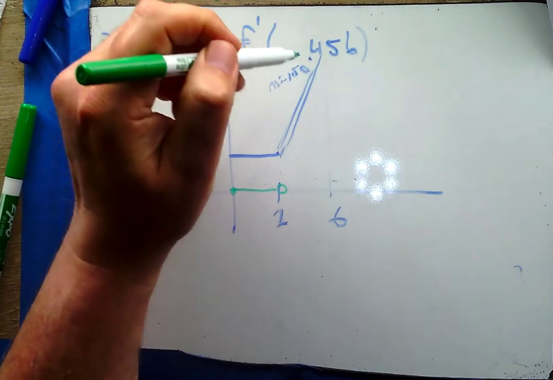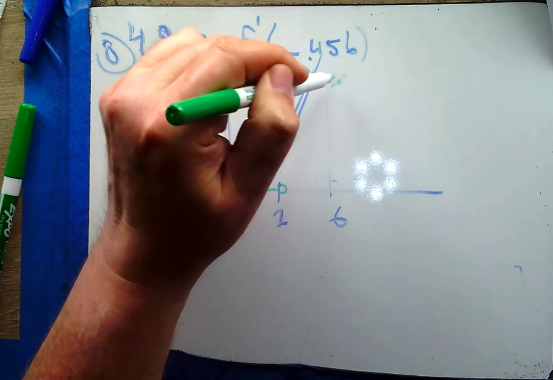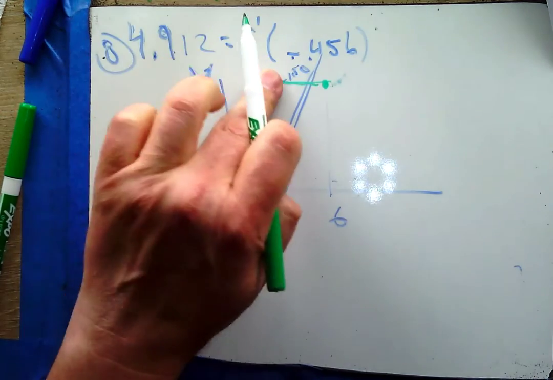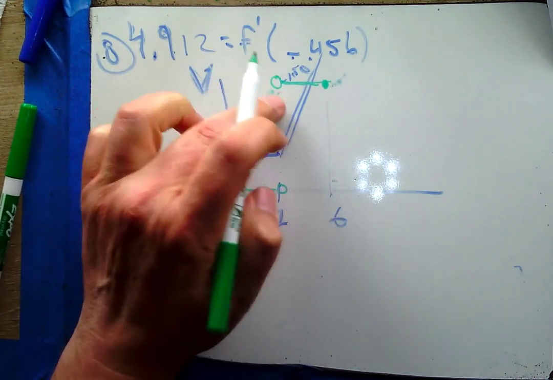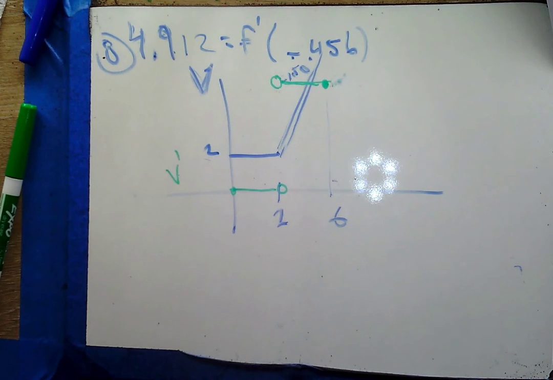And the derivative of the next piece, oops, closed circle, open circle. That's v prime. Okay, so I graphed that, and then I'm supposed to graph with n-deriv on 0 to 6.